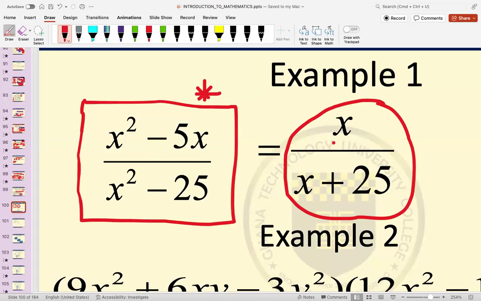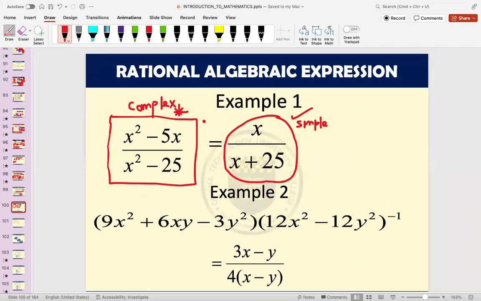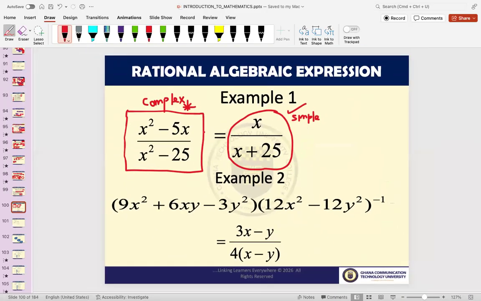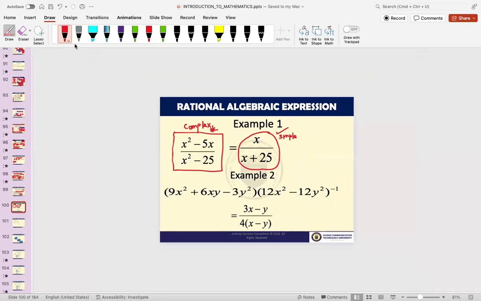I hope if you have to choose between this and this, you will choose this one, because this one looks very simple, and this is looking complex. So let's see how we deal with this complexity by breaking it down to look simple. We are going to use all the techniques we have learned today to do that.